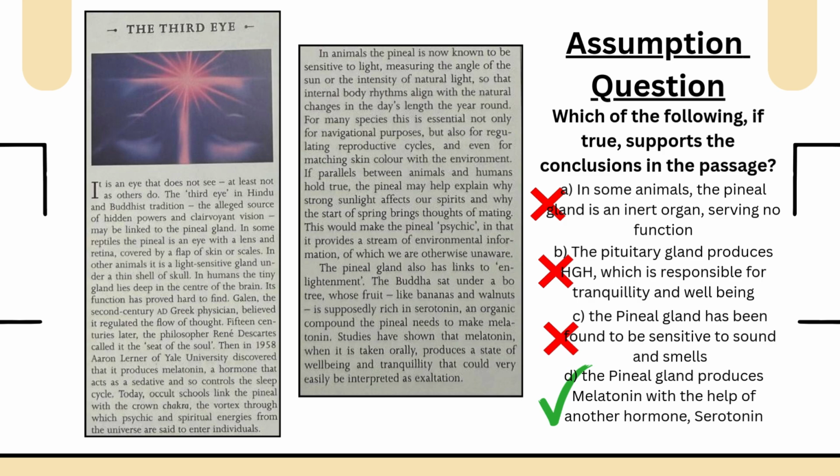If you look at the third option, it says that the pineal gland has been found to be sensitive to sound and smells. Now, the passage doesn't mention whether or not the pineal gland is indeed sensitive to sound and smell. However, it is clearly mentioned that it is sensitive to the intensity and angle of natural light.